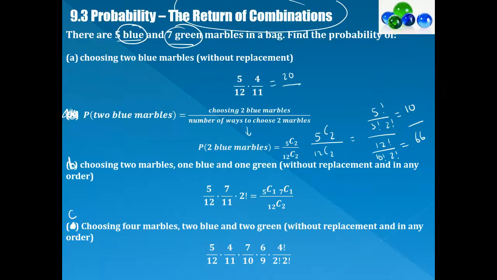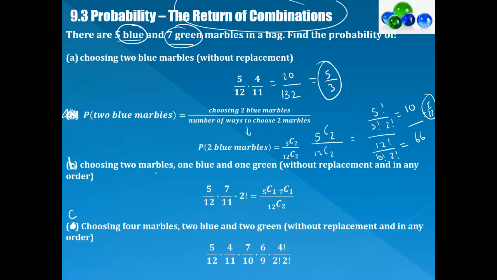What was this? 20 over 132, right? Isn't that what 12 times 11 is? Oh, they're equivalent, right? 5 over 33, right? Because you're choosing things. You can use combinations.